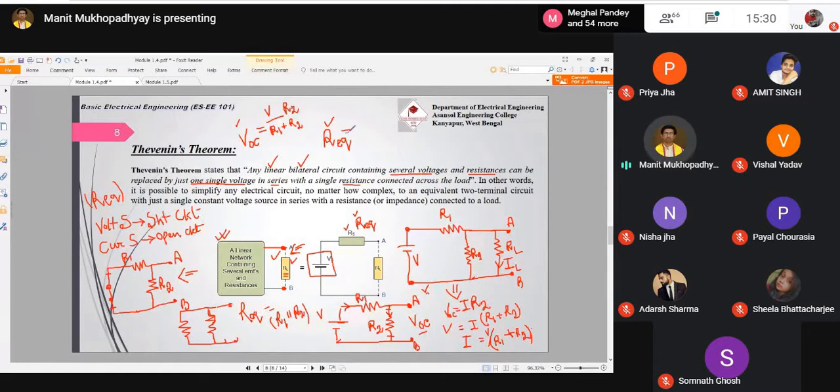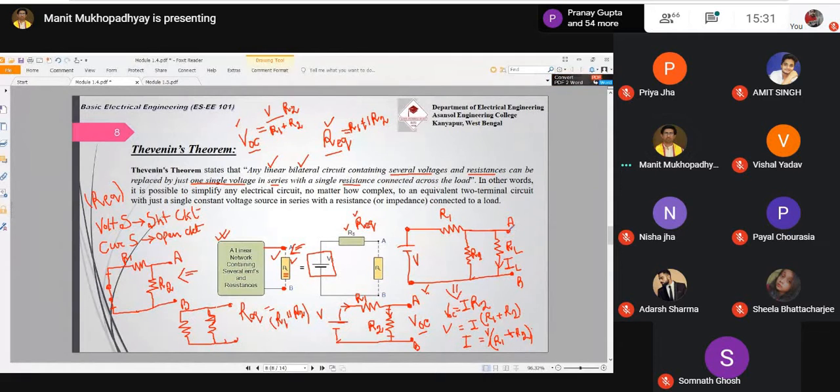And what is the R equivalent? R equivalent is R1 in parallel with R2. So VOC you have now, R equivalent you have now.